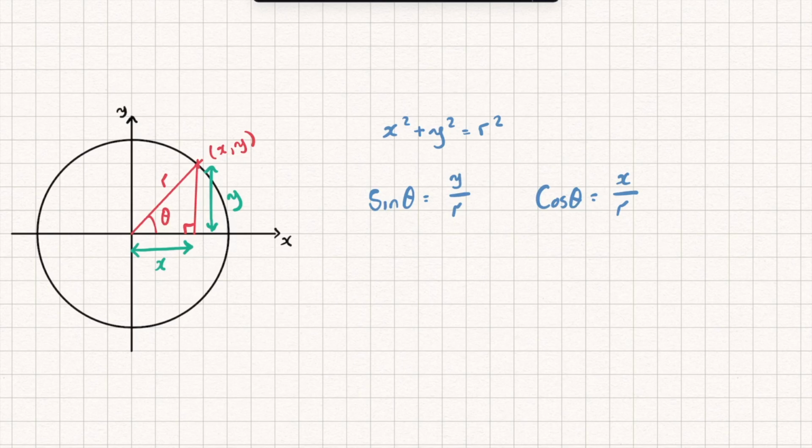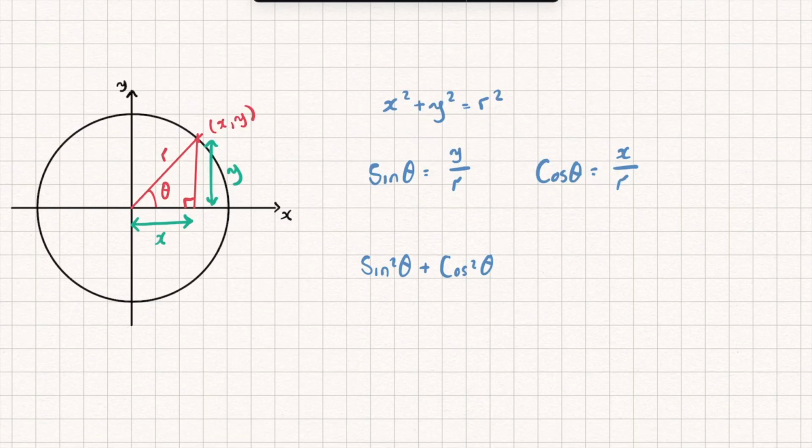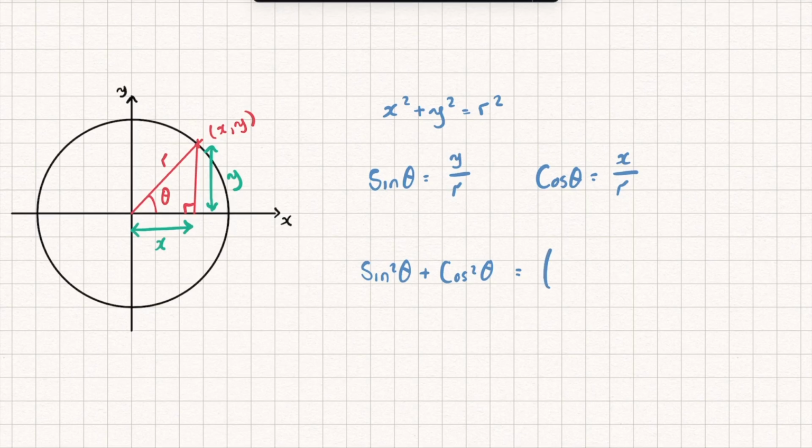Now, using this information, what would sine squared of theta plus cos squared of theta equal? Well, we know that sine of theta can be written as y over r, and we know cos of theta can be written as x over r. So rather than leaving it as sine squared and cos squared, let me rewrite these. This is equal to y over r all squared plus x over r all squared.